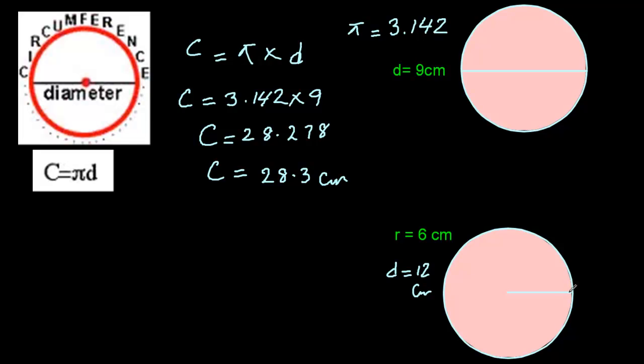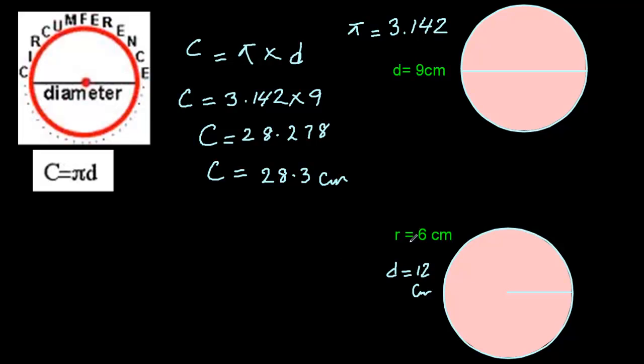We talked about this in our previous video: the radius is the distance from the edge to the center of the circle, and the diameter is the distance from edge to edge. So you have to double the radius to find the diameter, or halve the diameter to find the radius.